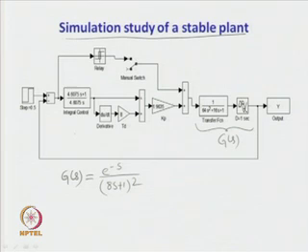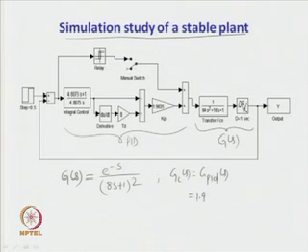Now, we have a feed forward controller, a PID controller, which is given as GCS is equal to GPIDS is equal to 1.9635 times 1 plus 8 s times 1 plus 1 upon 4.6075 s.